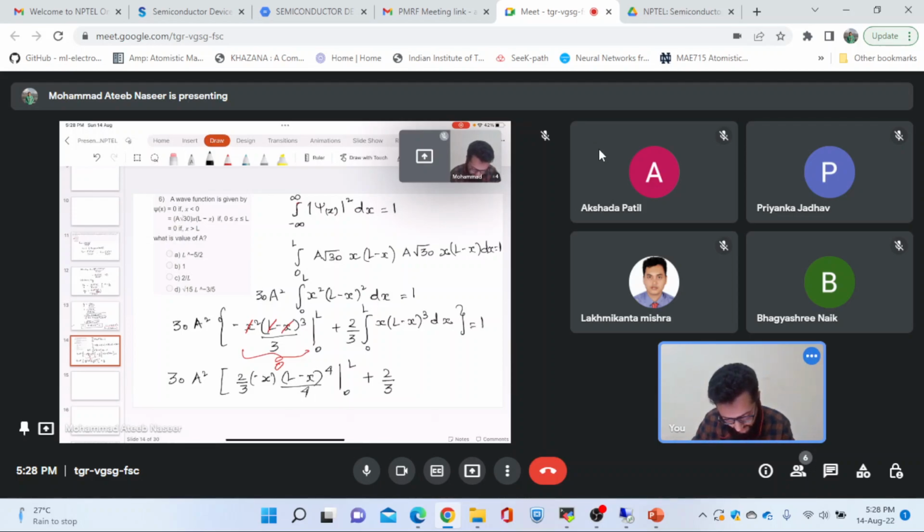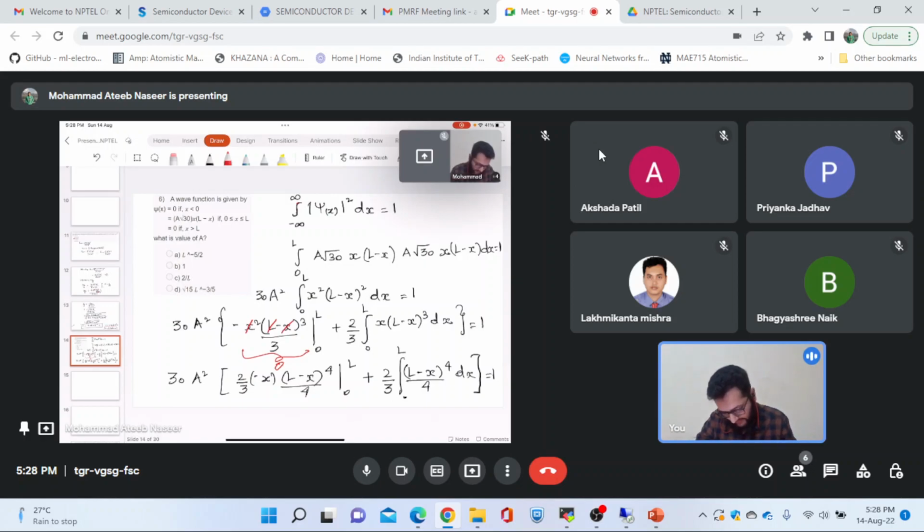Differentiating this x, we will be left with (L minus x)^4, and its minus will go with minus, it will become plus, it will be (L minus x) to the power 4 by 4 with its integration limits between 0 to L, dx equals 1. As simple as that.